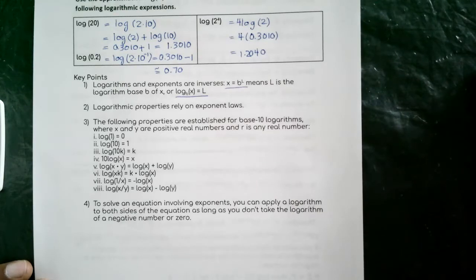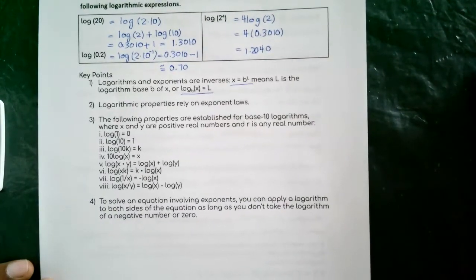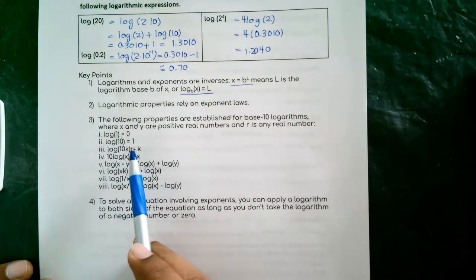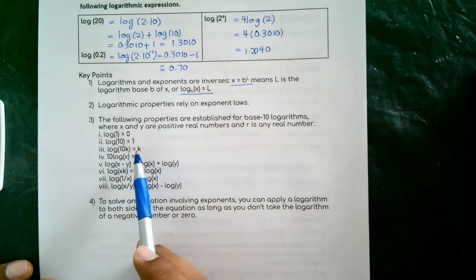The second point is that logarithmic properties rely on exponent laws. So all the laws that we learned which apply to exponential expressions apply to logarithms as well. Some key properties are listed here. Log of 1 is 0, log of 10 is 1, log of 10 exponent k is equal to k.